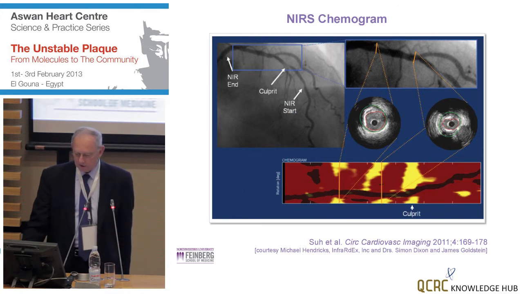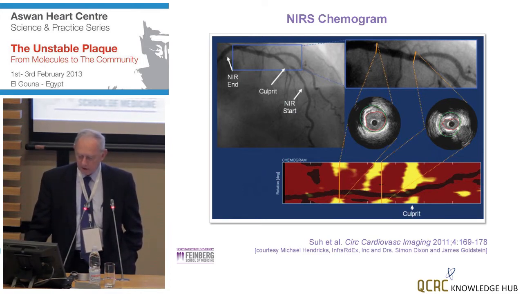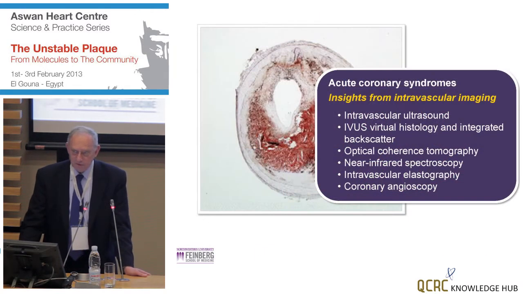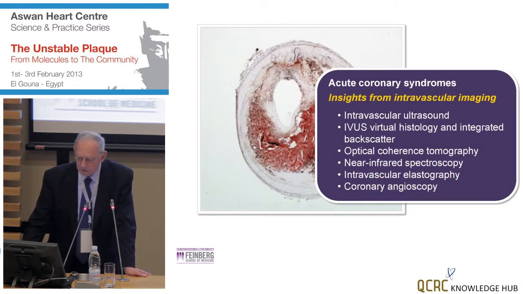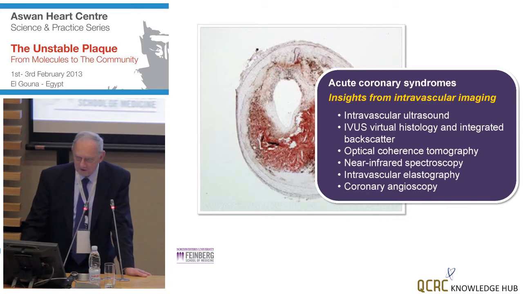Sue and co-workers have shown in a pullback model, again, identifying where there is an active area or areas of inflammation across the arterial tree from here to here. So the insights from vascular imaging, and Dr. DeMaria will go into greater detail, and here he is, would include these tools.